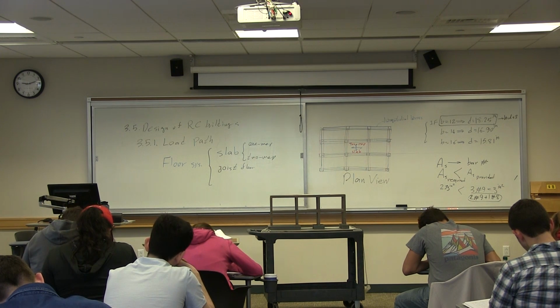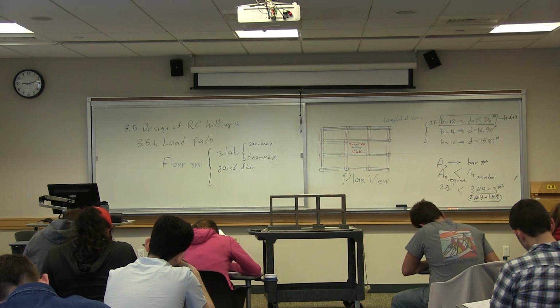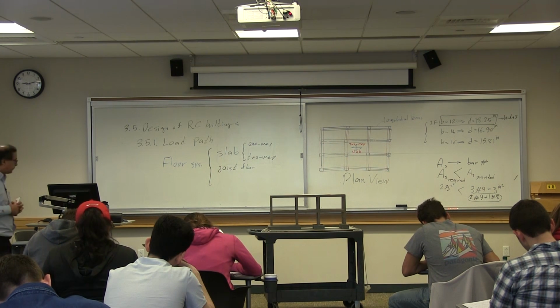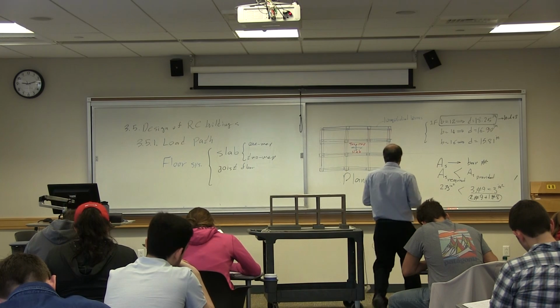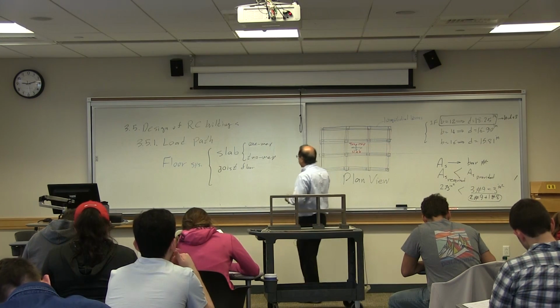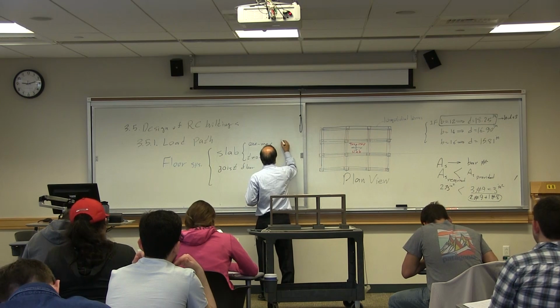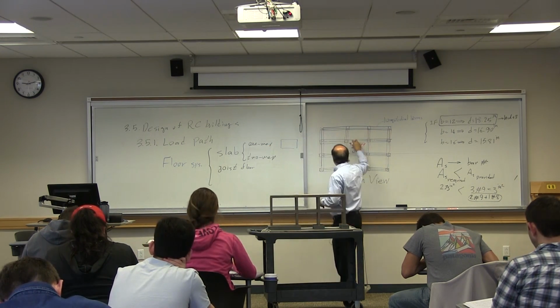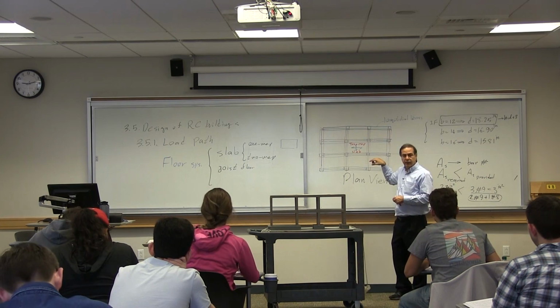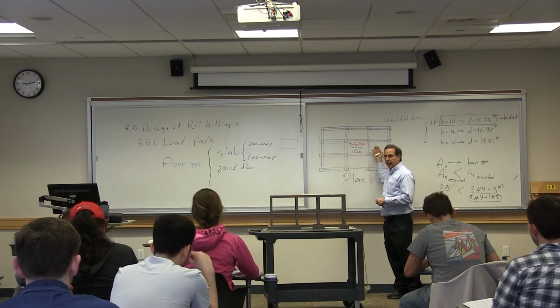Then the question is, what would quantify a lot? When is a lot, when is not a lot? The code says if the slab panel dimensions, each one of these is called a panel. So each one of these is a panel.